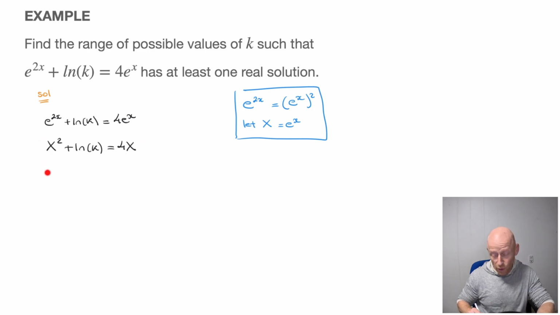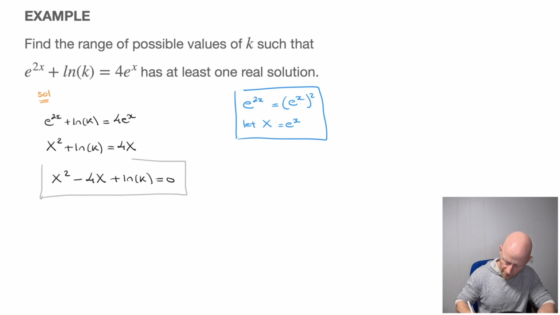And looking at this equation now, it's perfectly clear that we're dealing with a quadratic. And so the next step really is to gather all the terms on the same side of the equation, so that it turns into capital X squared minus 4 capital X plus ln of k equals 0. And in fact, I'll go ahead and box that equation. There we go. Now let me say, we don't have to do this.